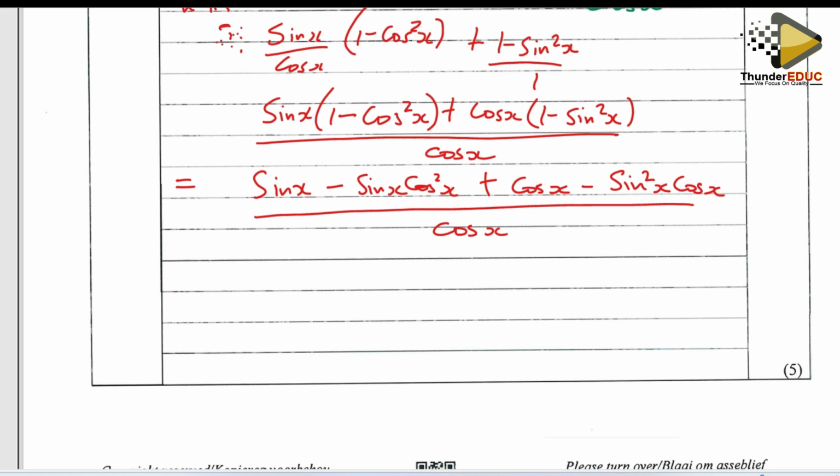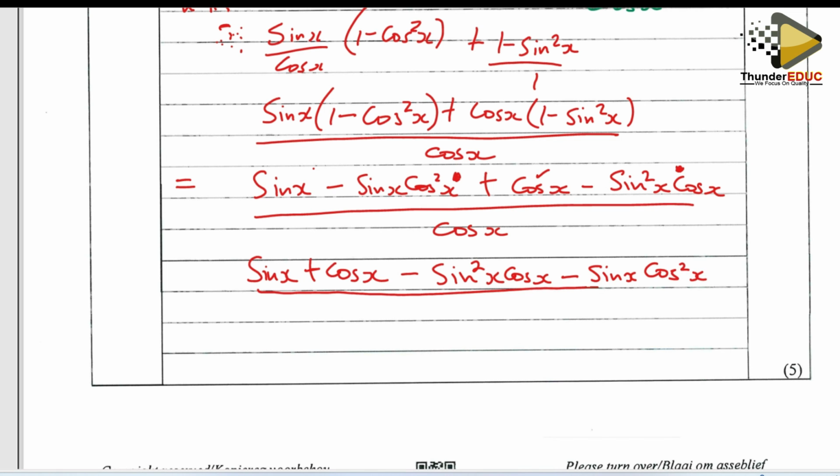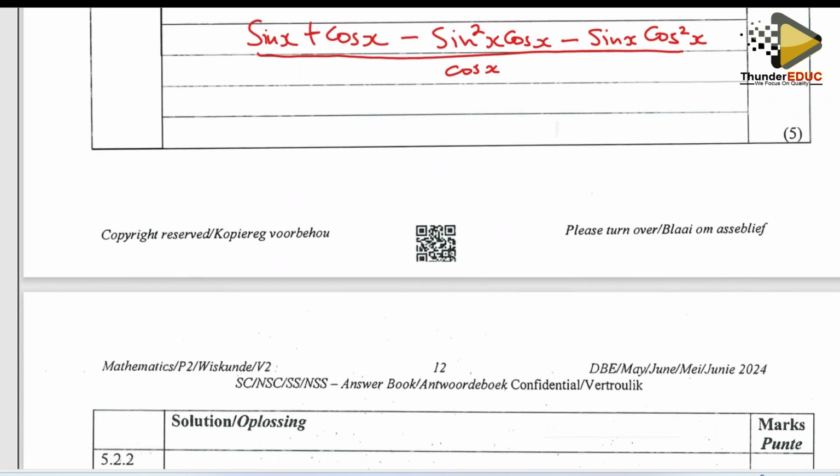Let me regroup. I'm going to group this with this, then I'll group this with that. So I'll have a sine x plus a cos x, then negative sine squared x cos x minus sine x cos squared x. Everything is over the cos of x.